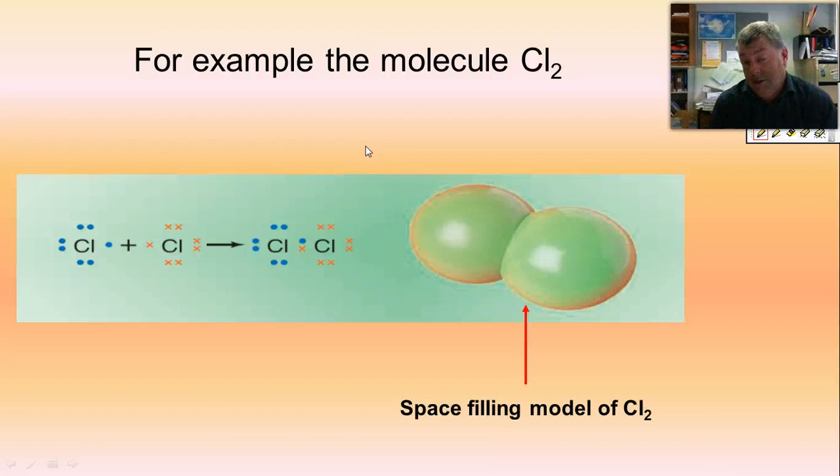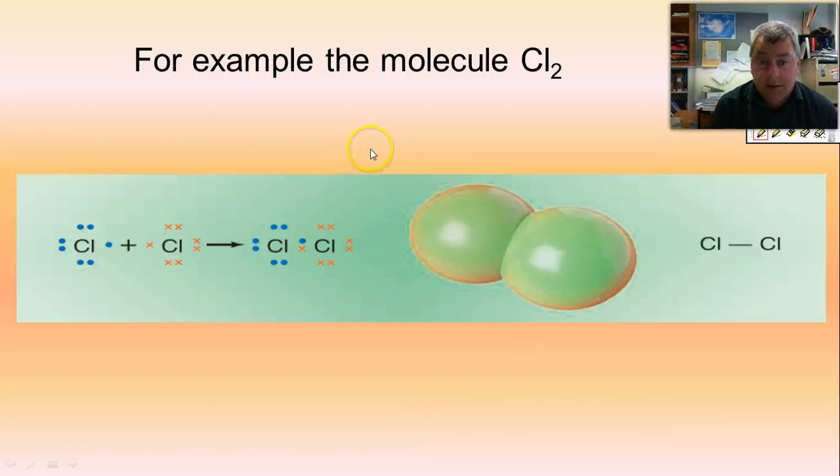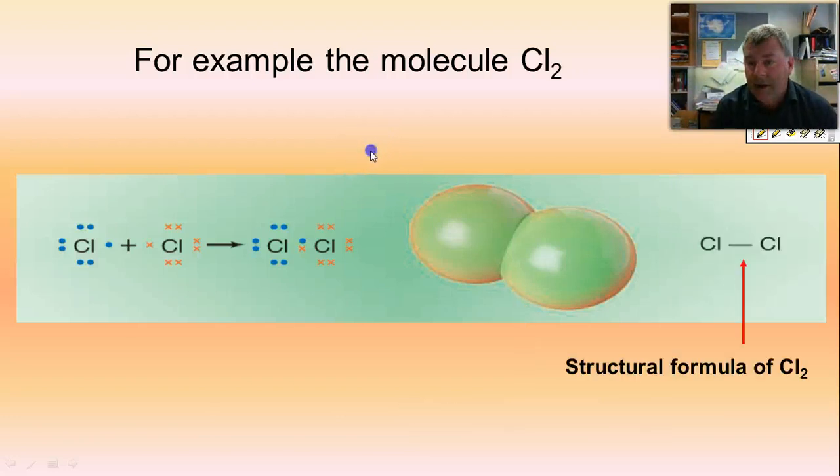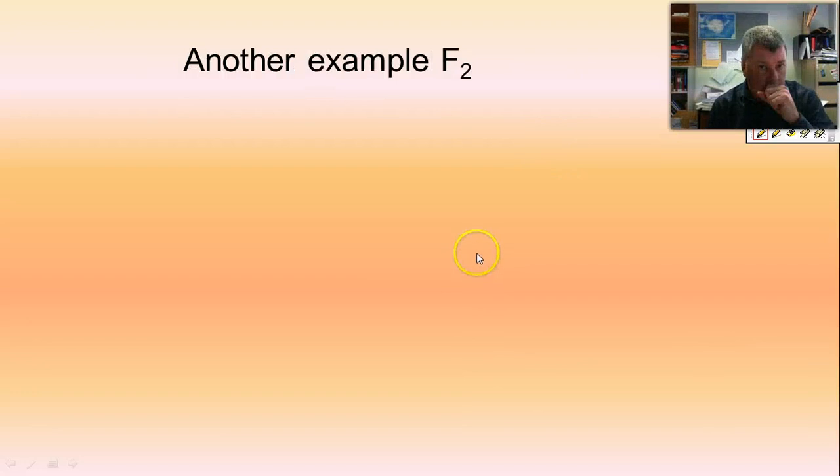So that's what it looks like in terms of space, how much space it occupies. And there's our covalent bond, sometimes also referred to as drawing the structural formula. When we do organics, we draw a lot of structural formulas where we just use lines to represent the covalent bonds, and we don't show all the rest of the noise because it gets in the way of our complicated diagrams.